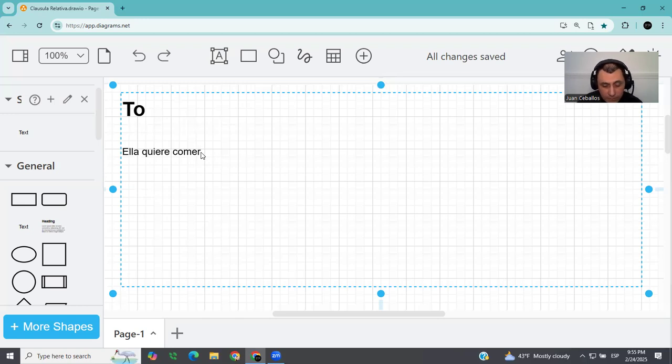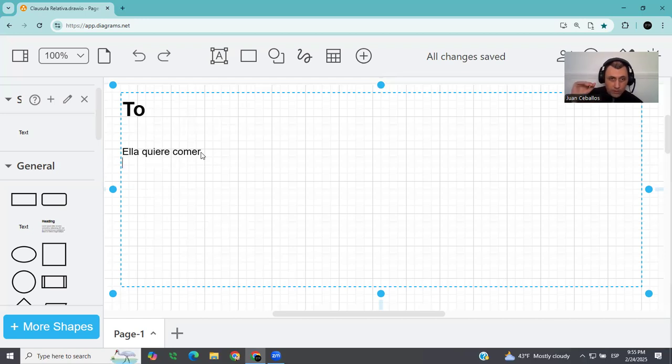So that's the first thing. Another way to use "to" in English is like, she wants to go to the library. She wants to go, infinitive, to the library.